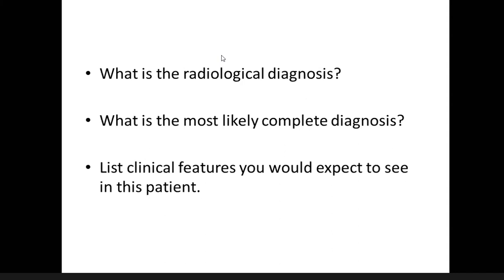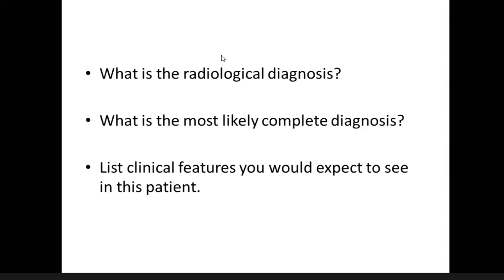Then you have to check vocal resonance, and you have to do percussion as well. So what would happen to vocal resonance in this patient? Imagine now you are examining the patient posteriorly. What would happen to the vocal resonance or vocal fremitus? Reduced.